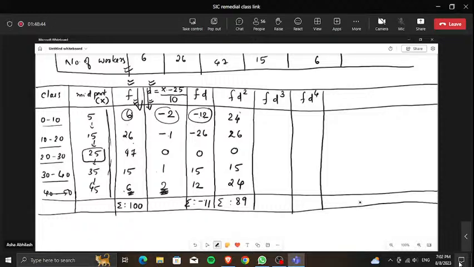Similarly, FD cube, multiplied by this F and cube of this D. That is 6 into 2 cube, minus 2 cube, that is minus 1, minus 1 will be there. So quickly find 6 into minus 2 cube.